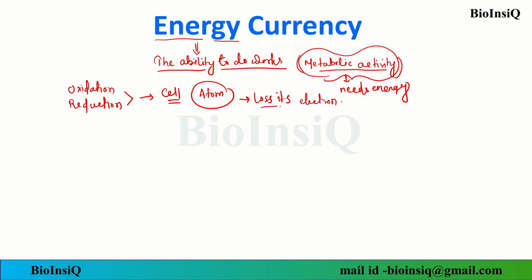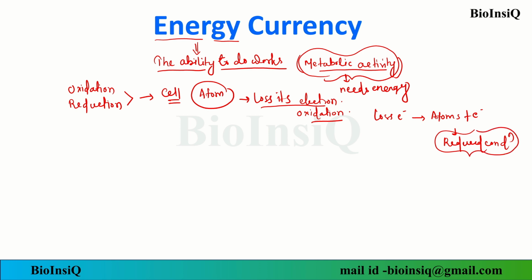This reaction is called the oxidation condition or oxidative condition, right? Oxidation. So a atom loses its electron, then definitely there is somebody to accept it, right? Those atoms which accept those electrons are known as the reduced condition, right? Reduced condition. It is a very simple thing that we have already discussed in our previous classes. So basically these two are the most important things.